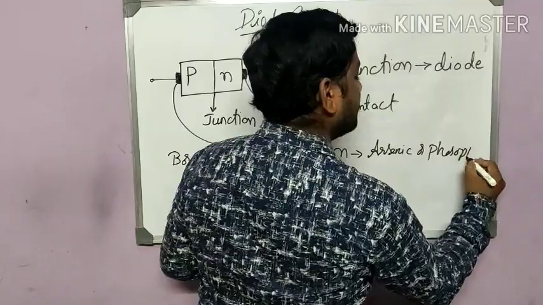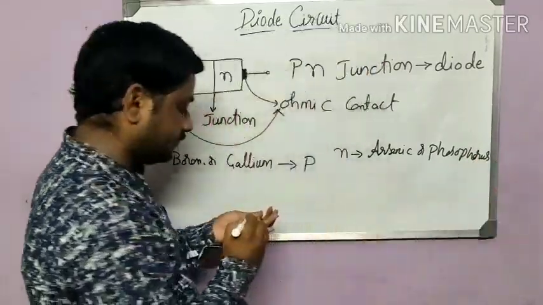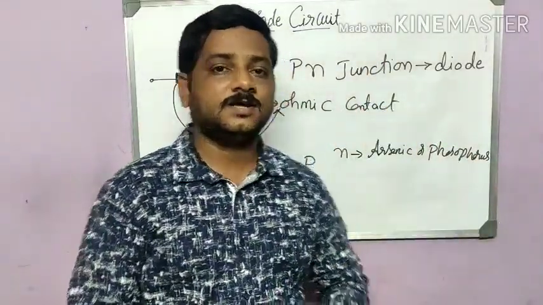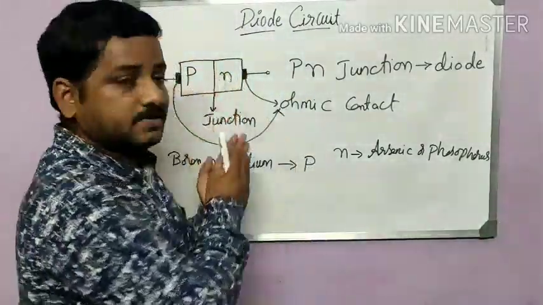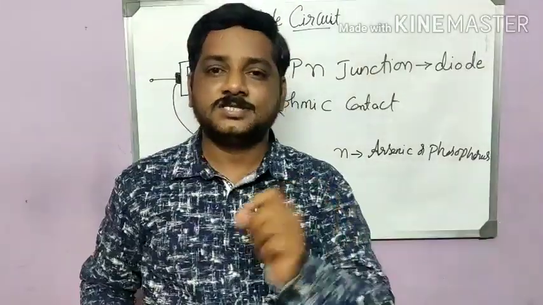These are the materials used for P and N type semiconducting devices, and then we join them together to get a PN junction diode.